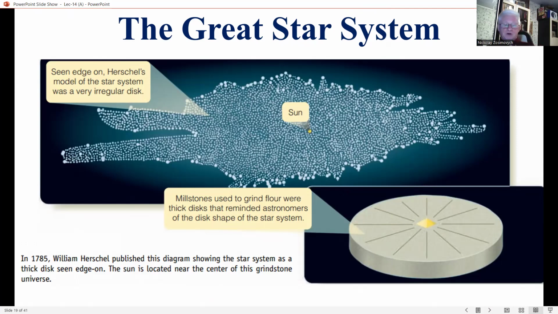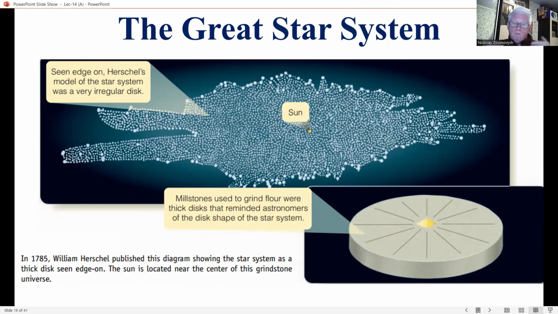The English astronomer Sir William Herschel and his sister Caroline Herschel, also a talented astronomer, attempted to gauge the true shape of the star system by counting stars in 683 different directions in the sky.